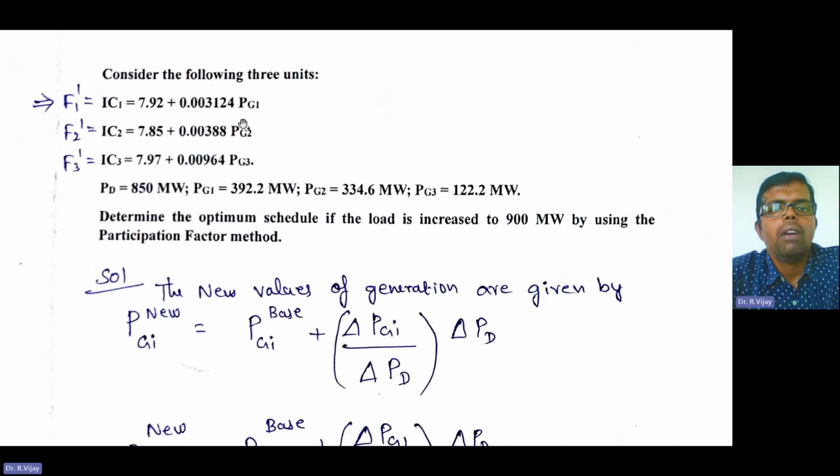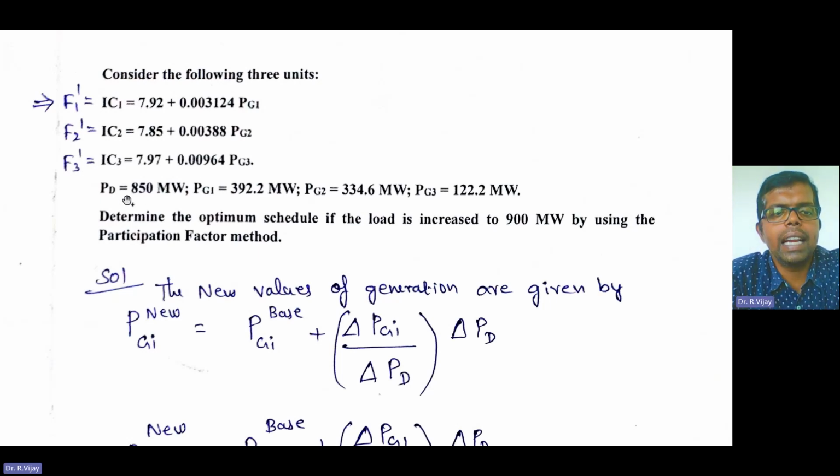Consider the following three units. Here directly IC1 is given. IC1 is equal to 7.92 plus 0.003124 PG1. IC2 is equal to 7.85 plus 0.00388 PG2. Next, IC3 is equal to 7.97 plus 0.00964 PG3.